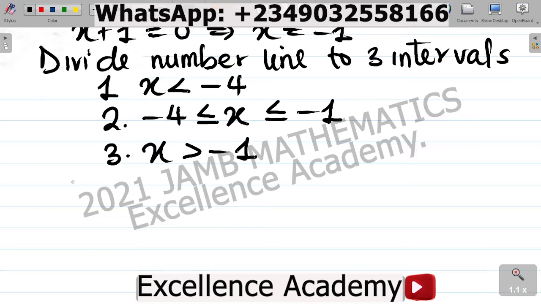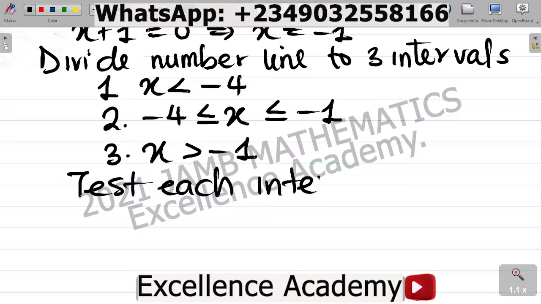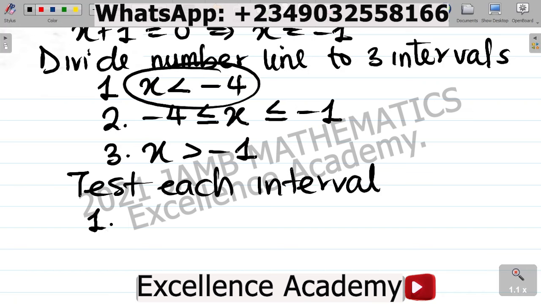All right, let's test each interval. And how do you test each interval? Let's take the first interval, where we said x is less than minus 4.